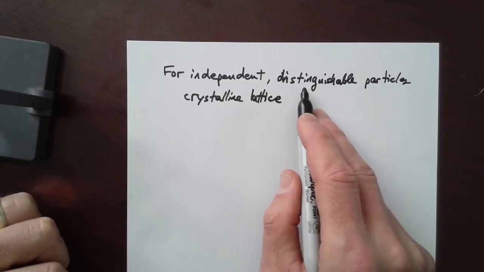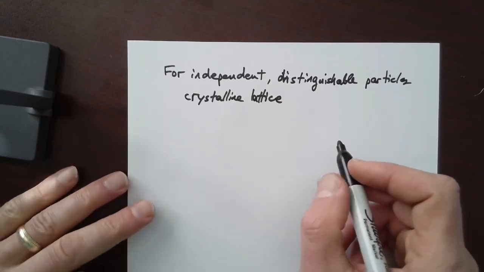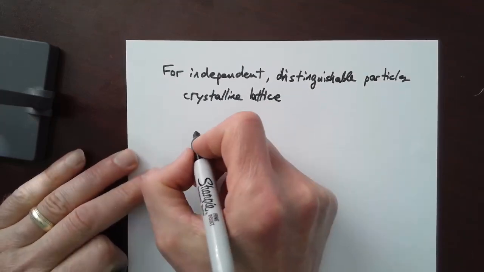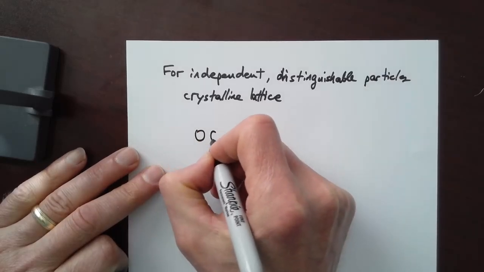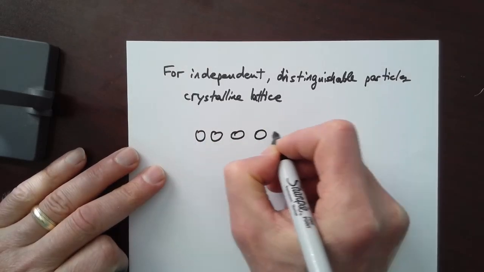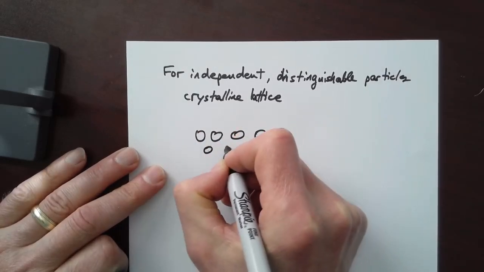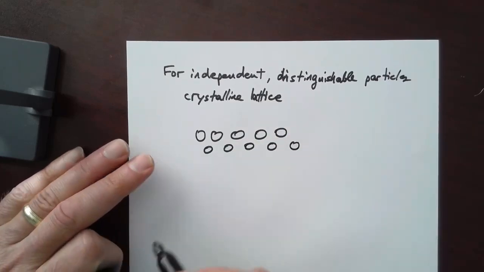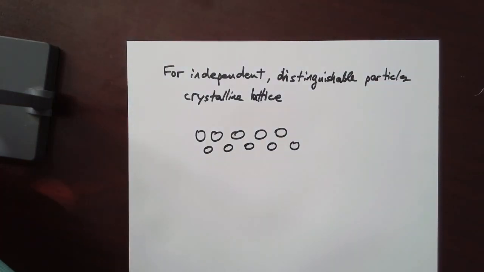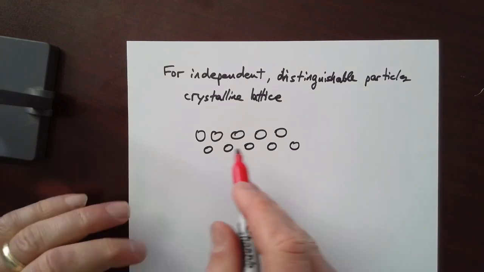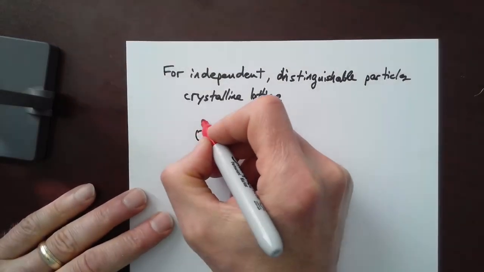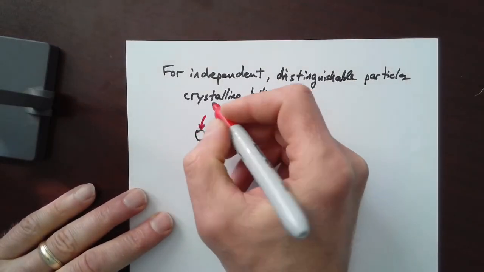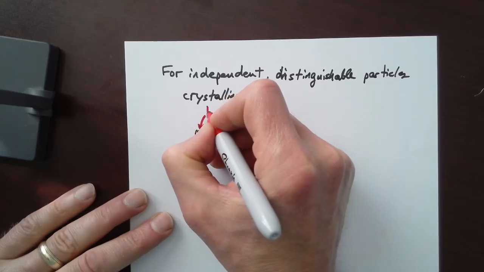The reason for this is, if you have a crystalline lattice where you've got all these atoms packed together, you could, in principle, because they don't move around, they just stay put, label that one row 1, column 1.